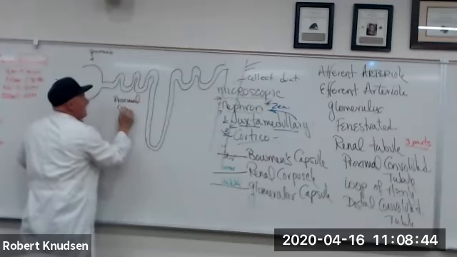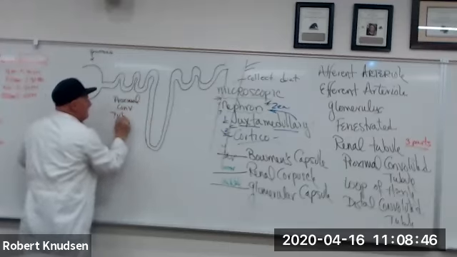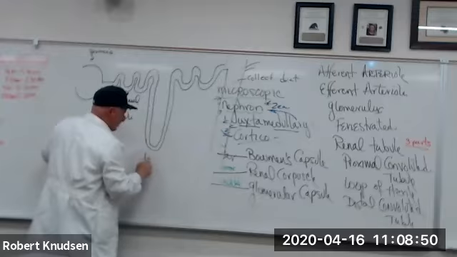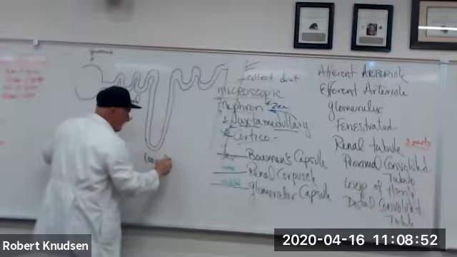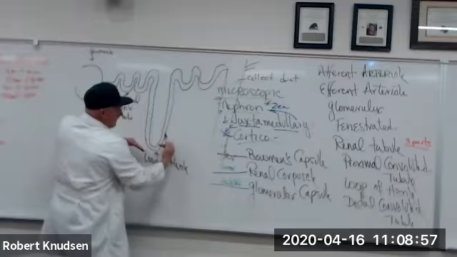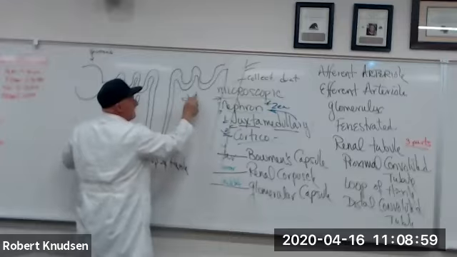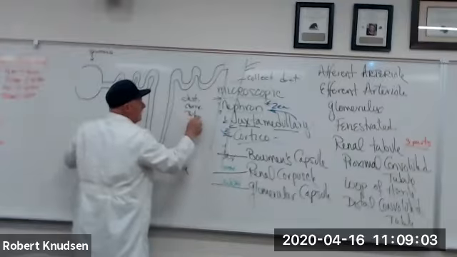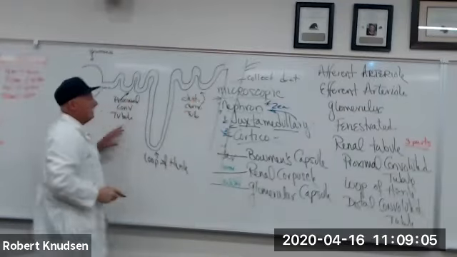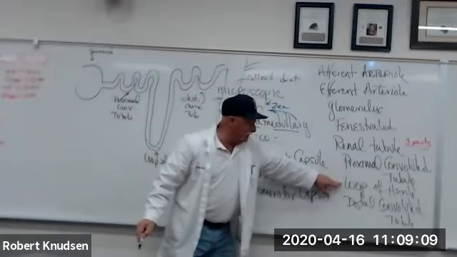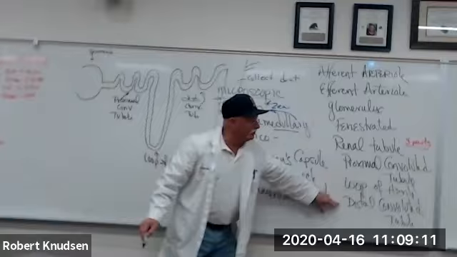Proximal convoluted tubule, Loope of Henle, that's this whole thing, and distal convoluted tubule. Got it? Proximal convoluted tubule, Loope of Henle, distal convoluted tubule.